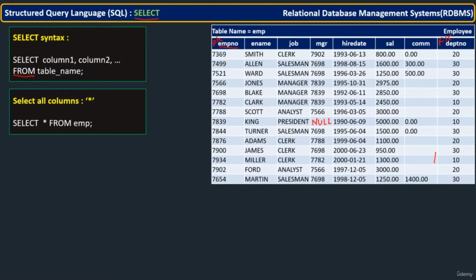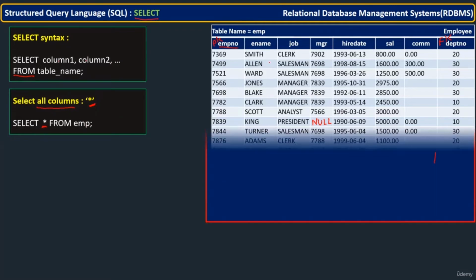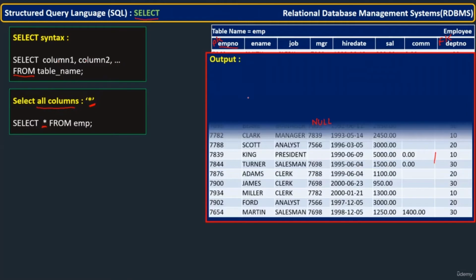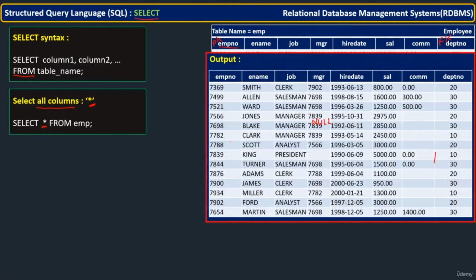When you need all the columns at a time, simply use the star in this position, in the select clause. So if you use select star from EMP, then the entire data comes as output. This is the output you got for this command.